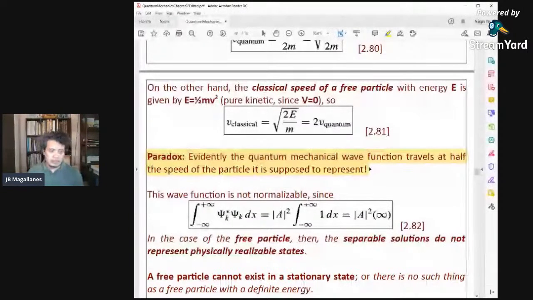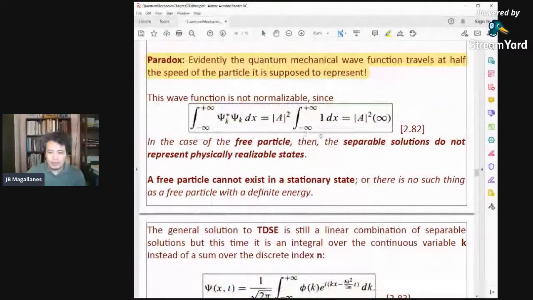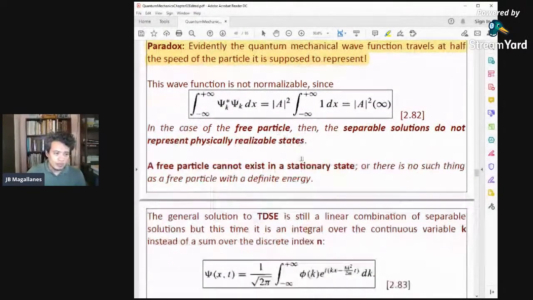But should they be traveling at the same speed? Anyway, let's look at how the free particle really behaves.